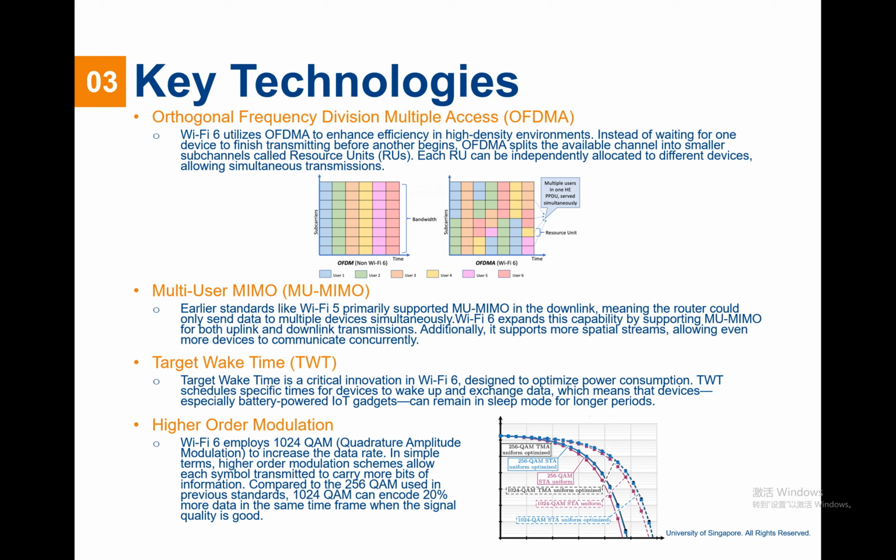For higher order modulation, Wi-Fi 6 employs 1024 QAM to increase the data rate.